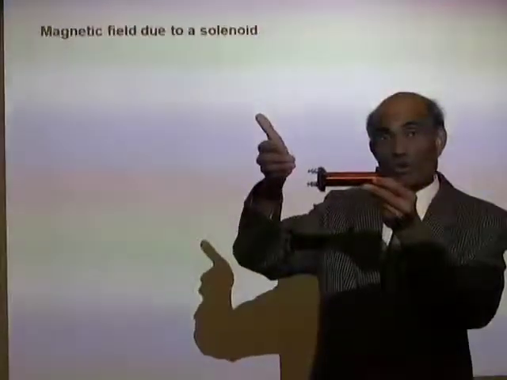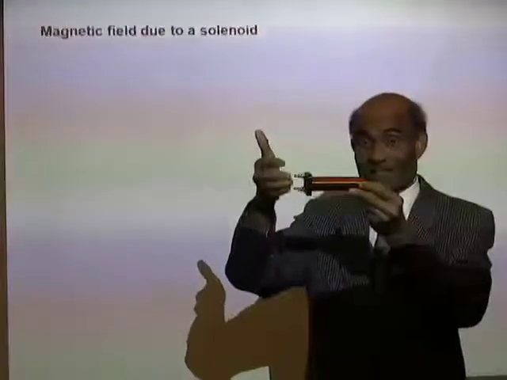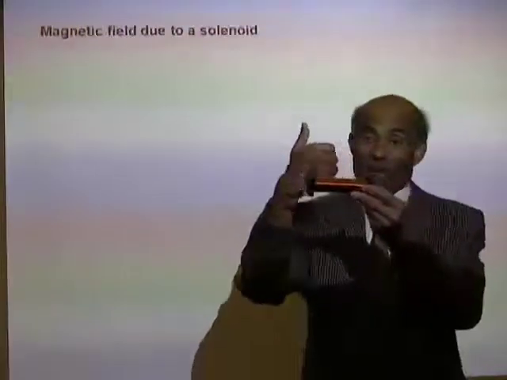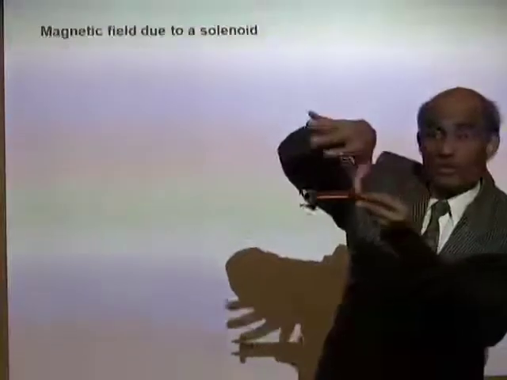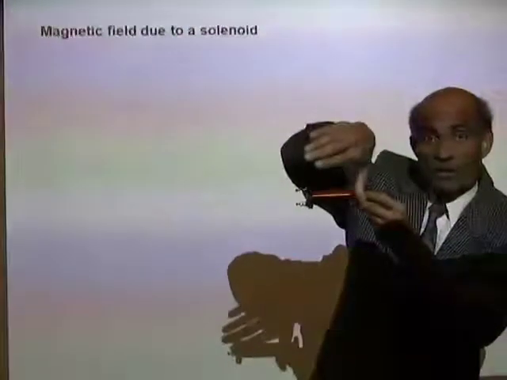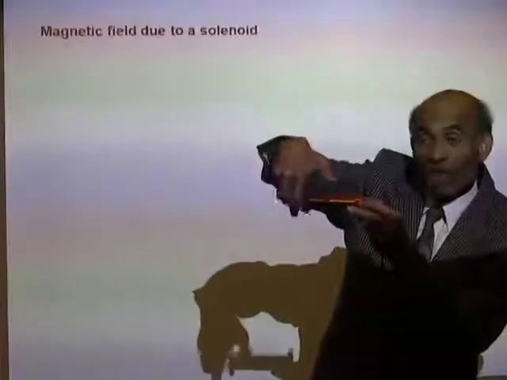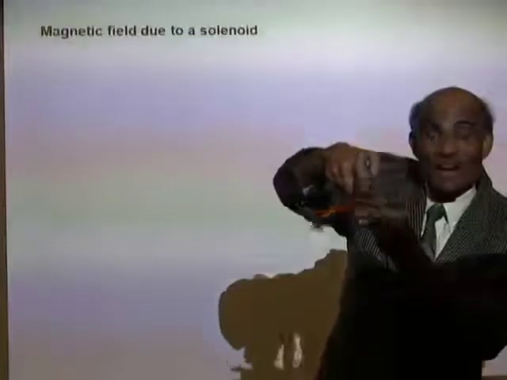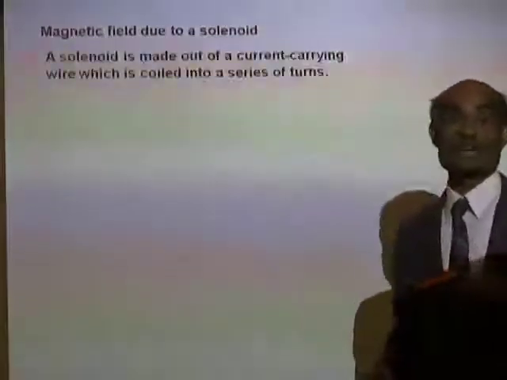My fingers go in on the right side, that is my right side, and come out on the left. Now on your side the current goes down, so look at that again. The current goes down, wrap your fingers, my fingers go in on the right and out on the left. And that's how the magnetic field of the solenoid is going to look.